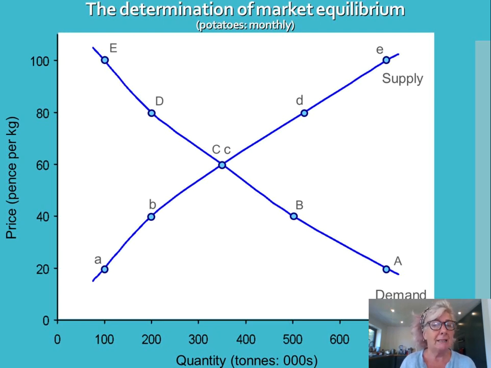And that happens at this price of 60 pence if we read along the graph. So we see that at a price of 60 pence, supply and demand are equal. All the potatoes that are being supplied to the market are also being consumed, demanded by consumers because consumers are happy to pay that price of 60 pence.